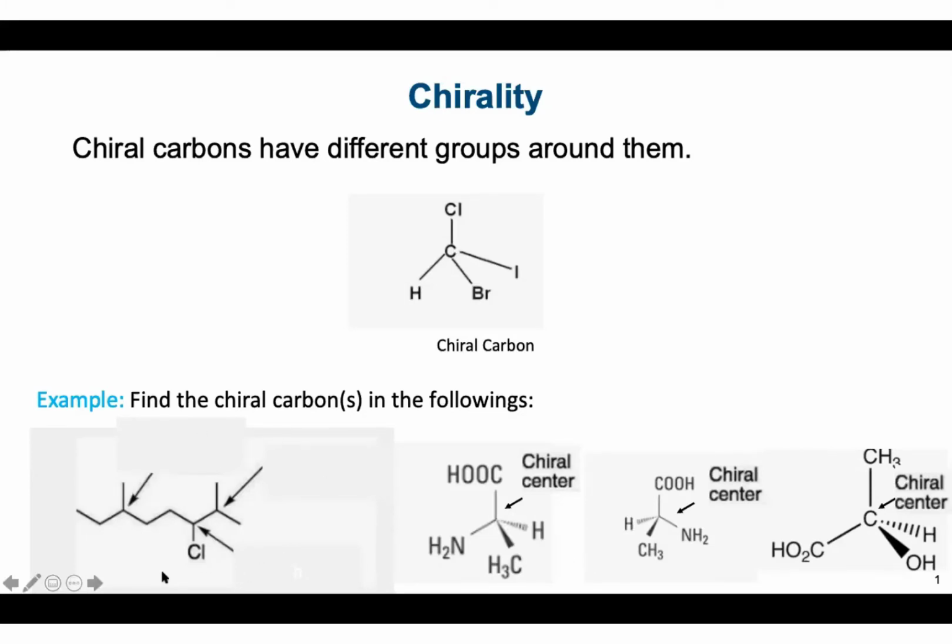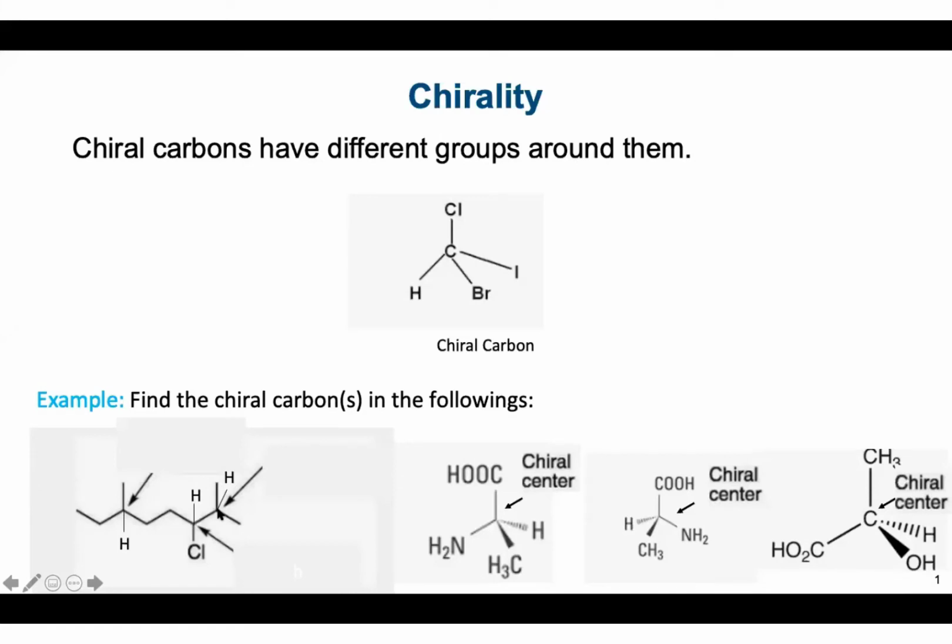In this compound that is a line angle, I recommend you to put the hydrogens first because, as you know, in these compounds hydrogens are not shown. So first we're gonna put the hydrogens. So you can also put in the other ones two hydrogens here, two hydrogens here. We're going to talk about them later, but let's look at these three hydrogens and the carbon that is in the center of them.